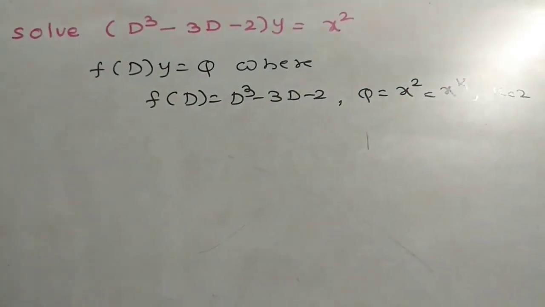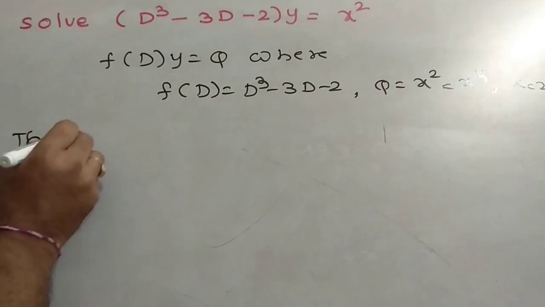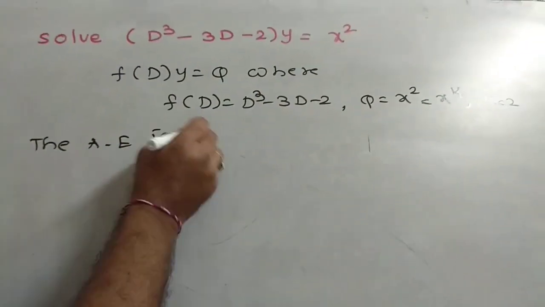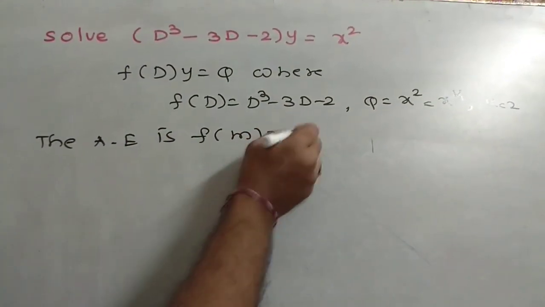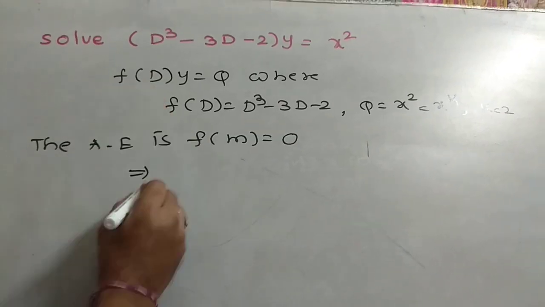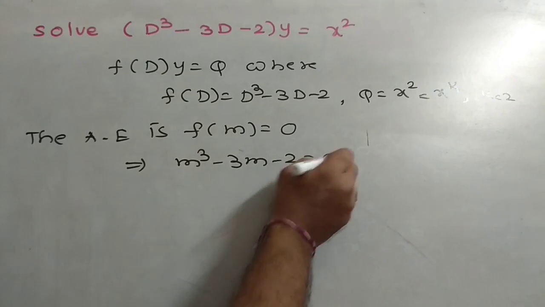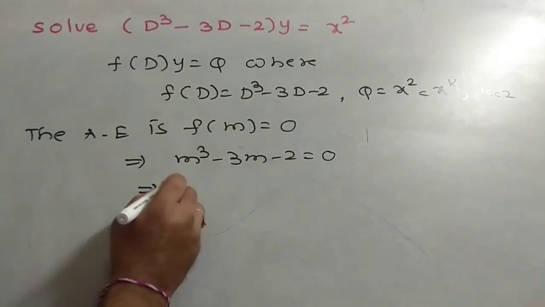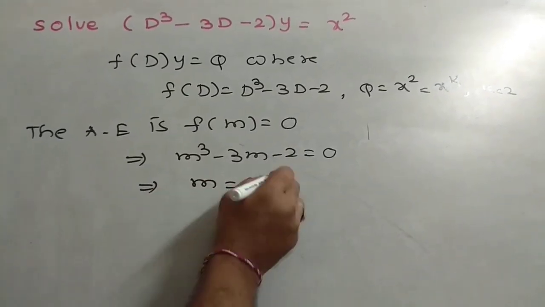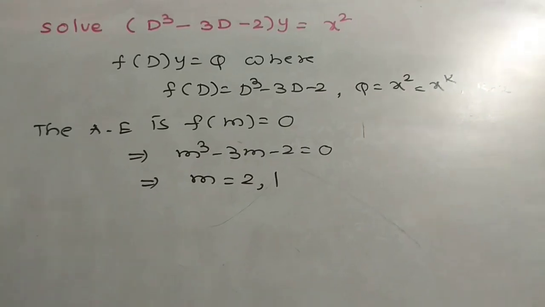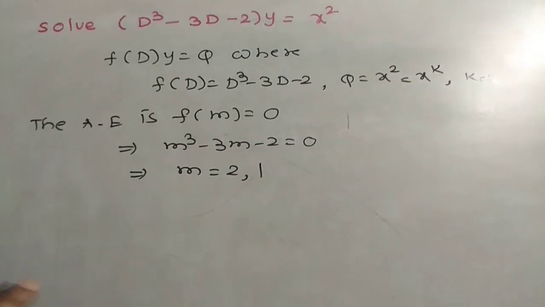Once you get that, now you find the auxiliary equation. The procedure is f of m equal to 0. So here D is replaced by m: m cube minus 3m minus 2 equal to 0, and with the help of a calculator you get the answer 2 and 1. Only two roots you are getting, which means one of the roots is repeated.